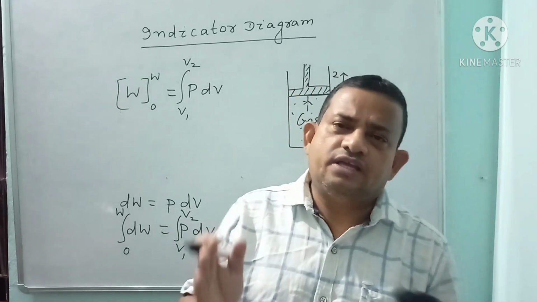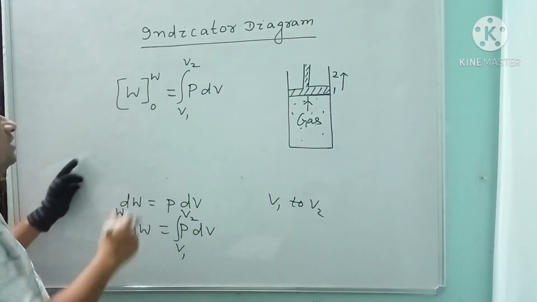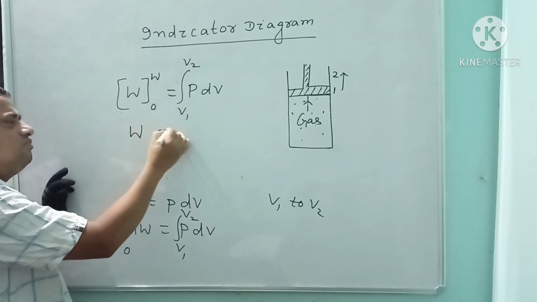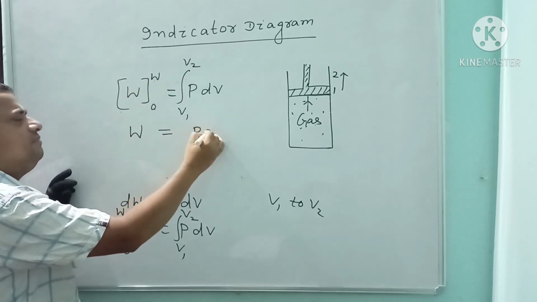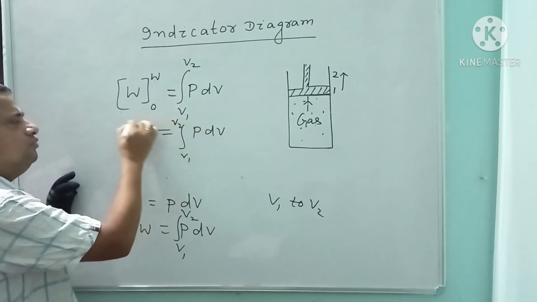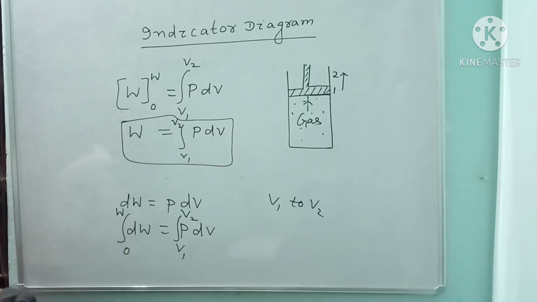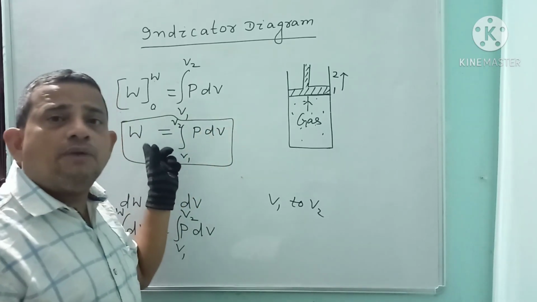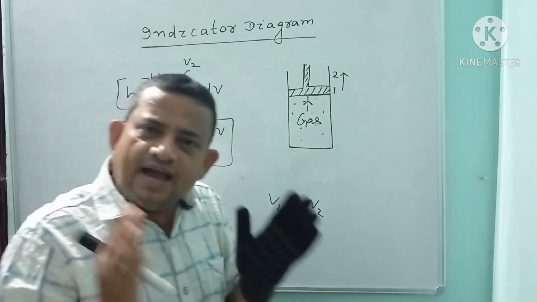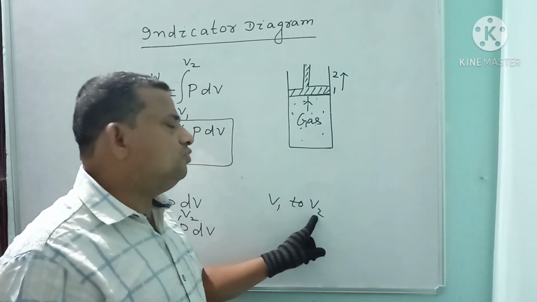So after putting the limits, you will get W is equal to integral of P dV from V1 to V2. Students, this is the formula of work done when the volume of the gas is changed from V1 to V2.